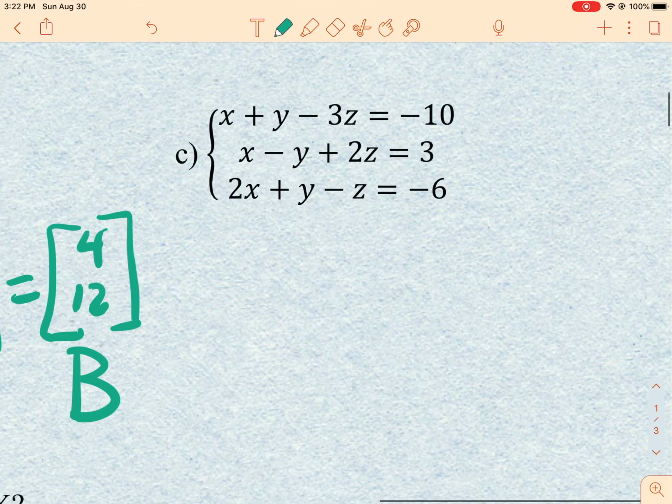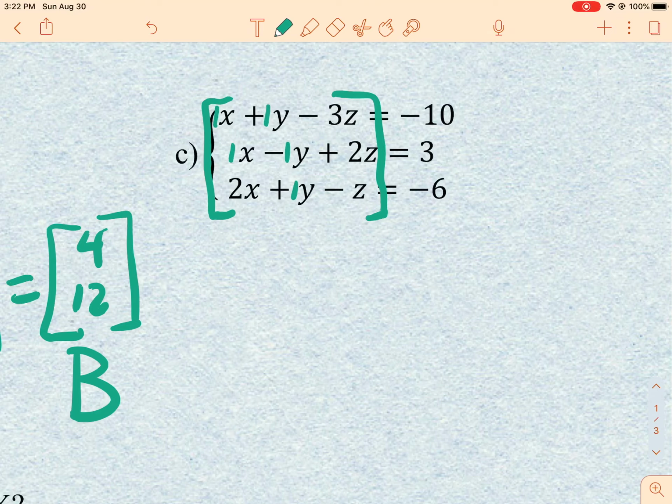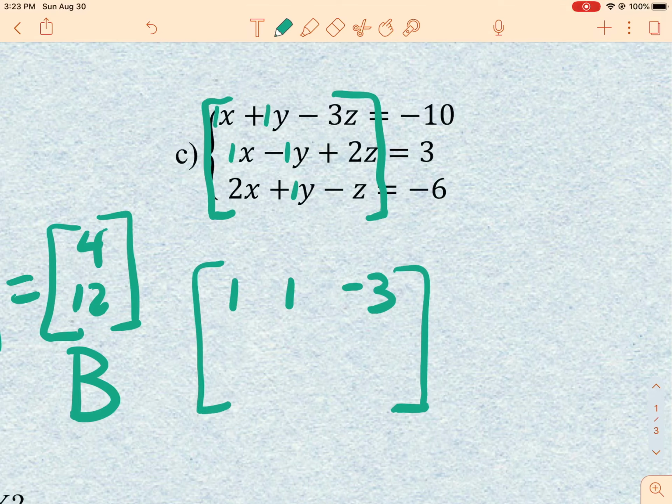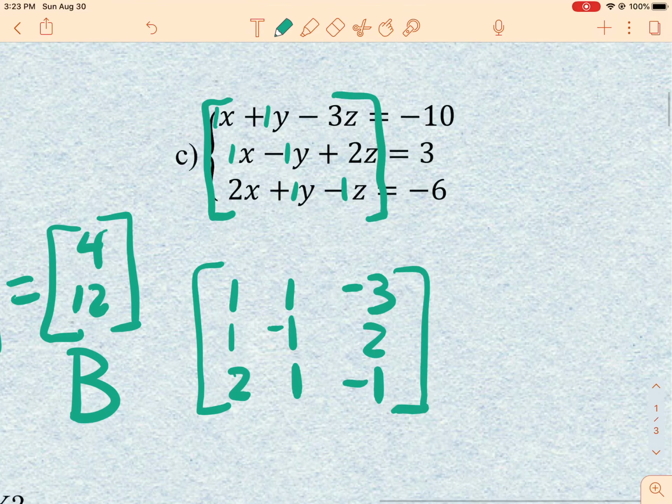With the third one, the idea is exactly the same. You're just looking at those numbers. Now, what number is in front of these X's? Those are 1s. So the coefficients would be 1, 1, -3. Then we have 1, -1, +2, 2, 1, and -1.